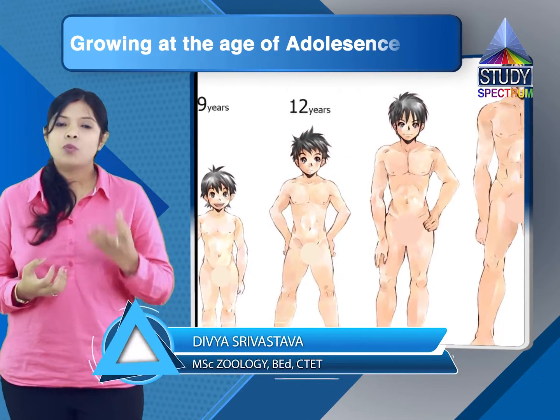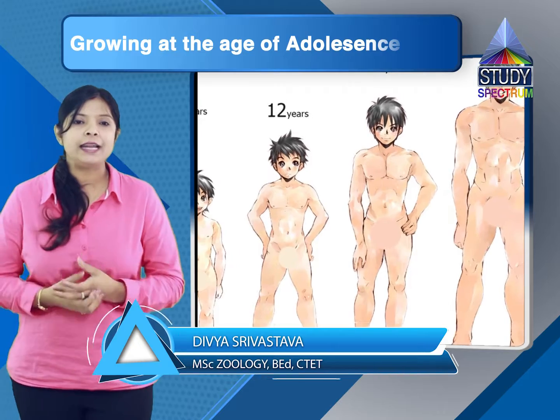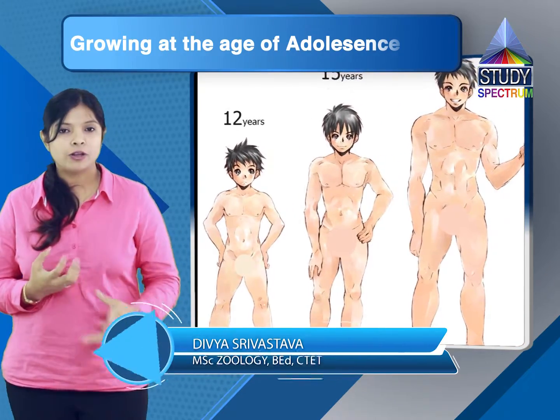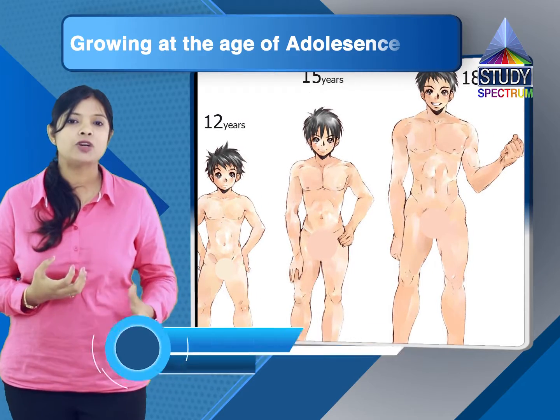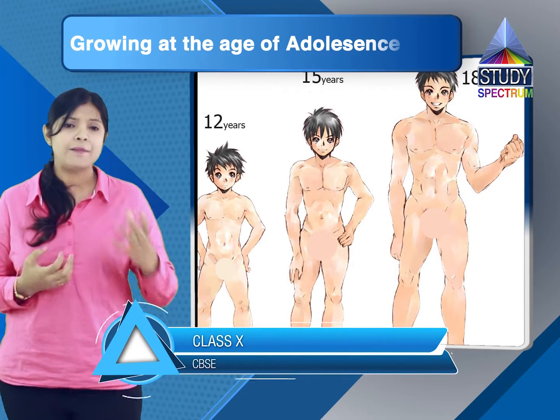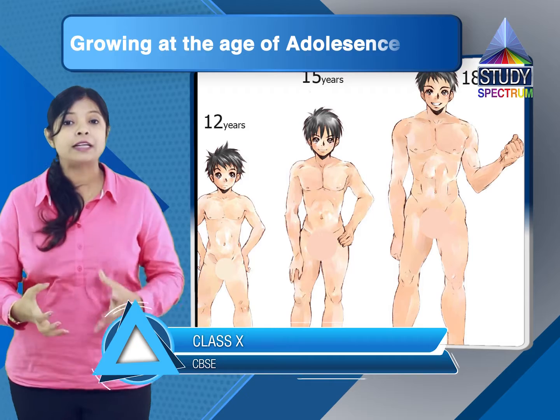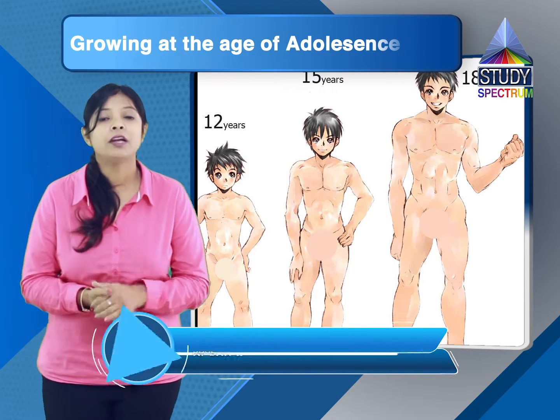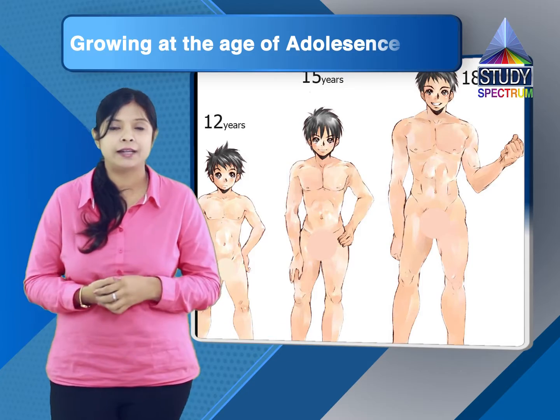And so what are the nutritional needs at this stage? So students, as earlier we have discussed, adolescence is a stage of rapid physical and mental growth. So the diet should be very carefully planned. It should include a balanced diet.